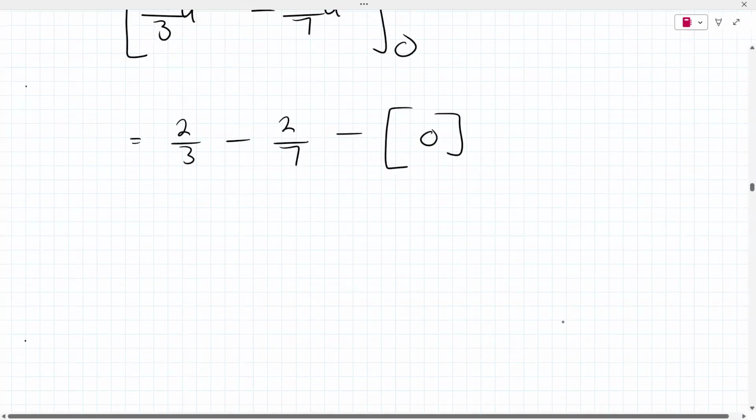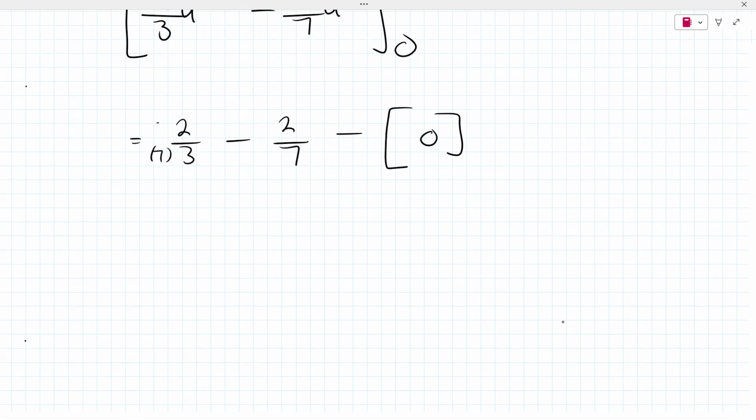So 2/3 minus 2/7, you need an LCD, which is 21. So you get 14/21 minus 6/21, which equals 8/21.